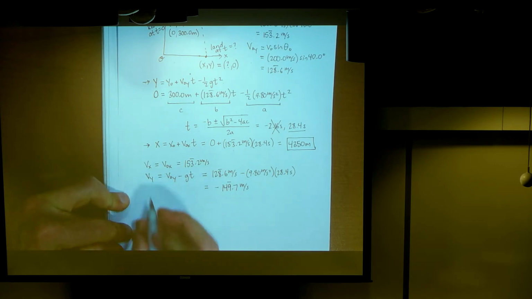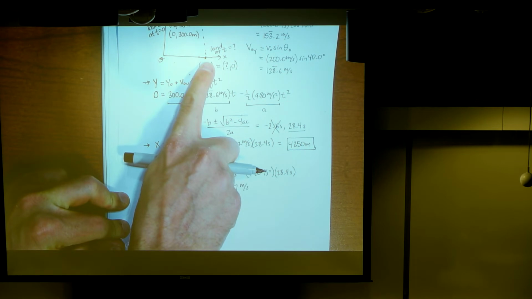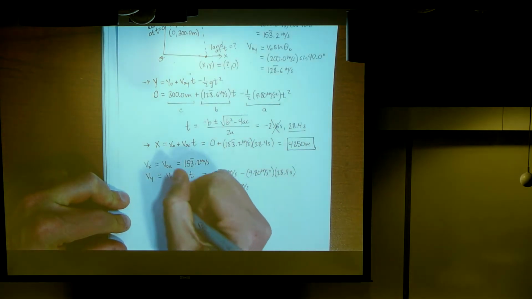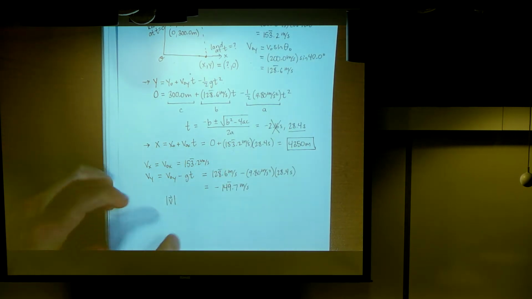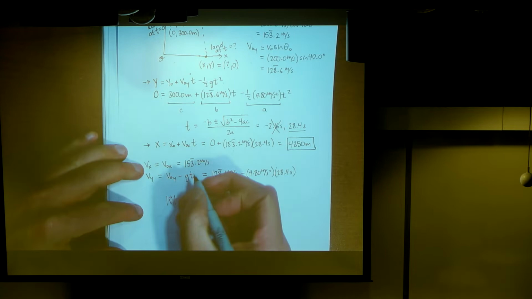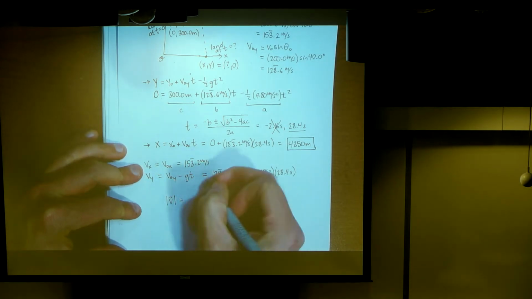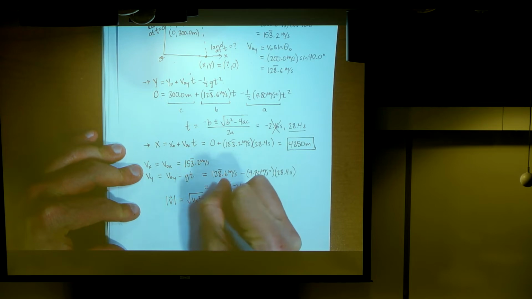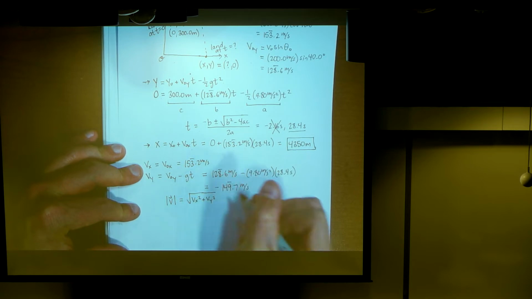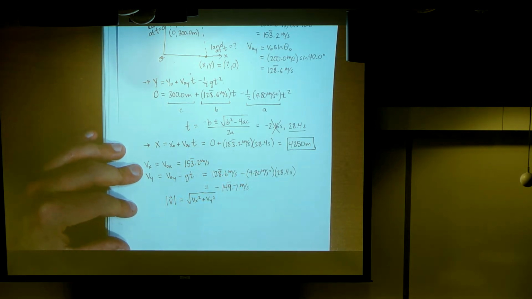All right, great. So we have the x and y components of the velocity of this thing at the moment just before it hits the ground, okay? Which means we can find the speed. Speed is nothing more than the magnitude of the velocity. So the magnitude of the velocity is the square root of vx squared plus vy squared, okay? So we'll plug in the numbers.